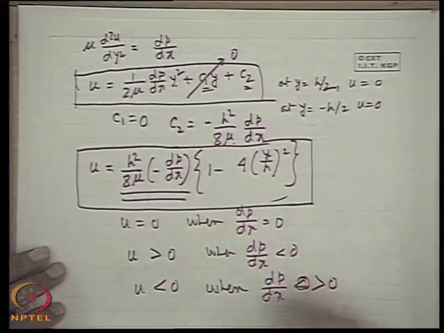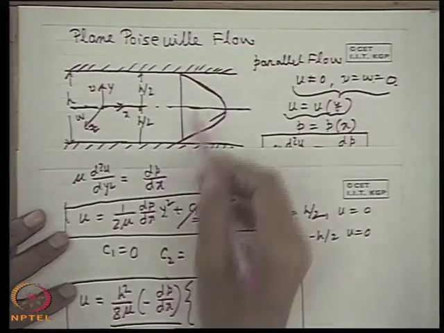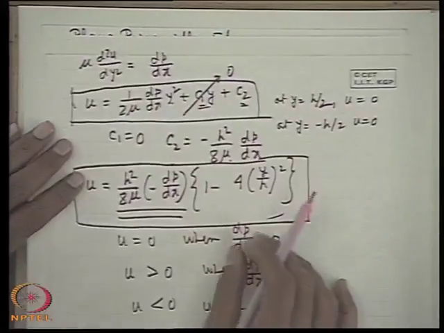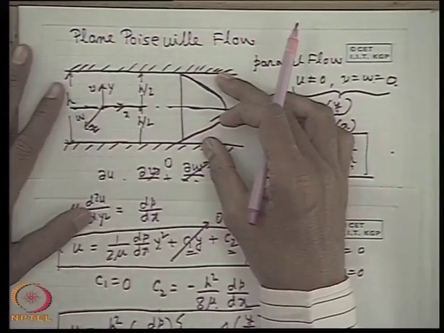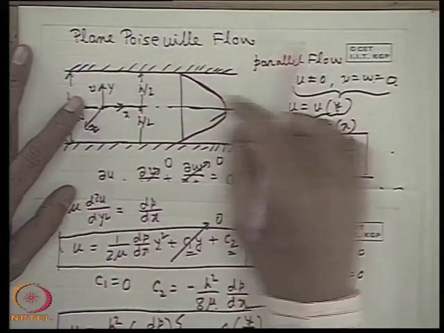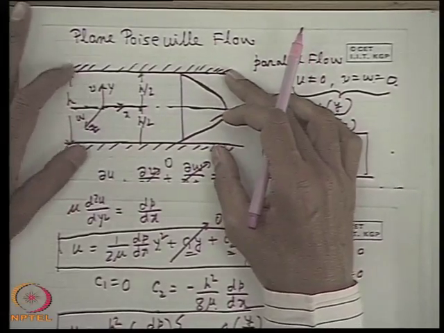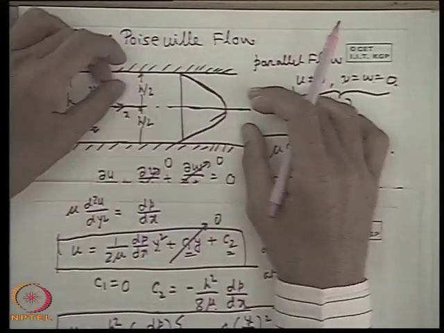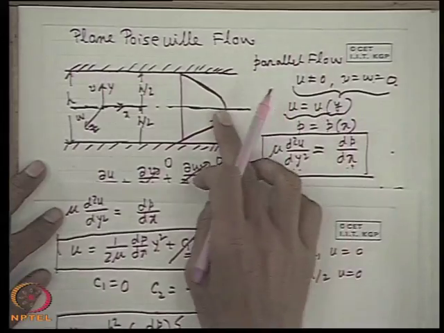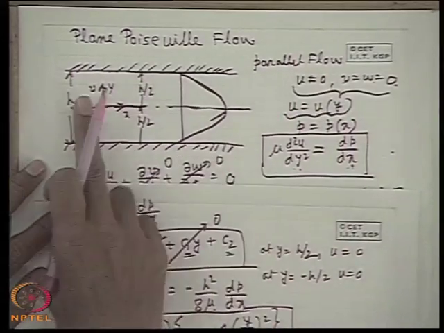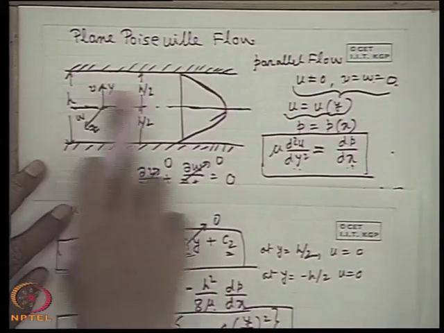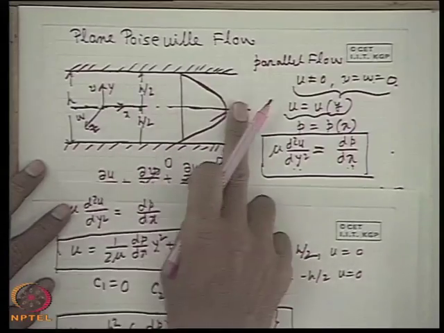What does it mean? When dp/dx is 0, u is equal to 0, there is no flow when pressure gradient is 0. That means this flow is totally caused by the pressure gradient, because there is no other effect by which the flow is caused. So, flow is possible only because of the pressure gradient, and depending upon its direction, the flow will take place.